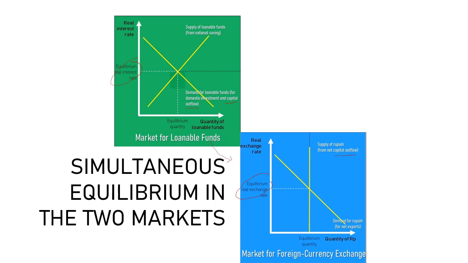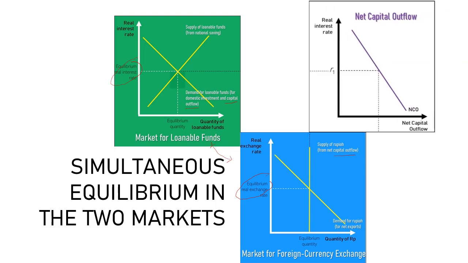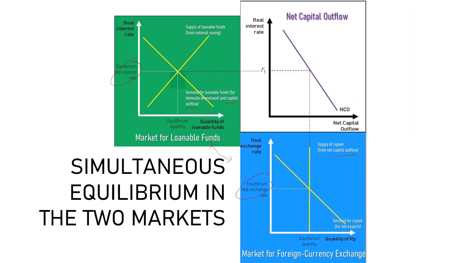This is how the two market graphs are linked with the NCO. We have a downward sloping curve of NCO because of its negative correlation with the real interest rate. And the amount of NCO is directly derived to get the supply curve of the real exchange rate market. With this framework, we can evaluate how the trade balance, the real exchange rate, and the real interest rate are determined in the market.